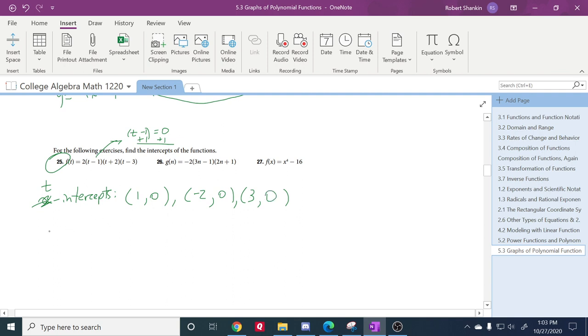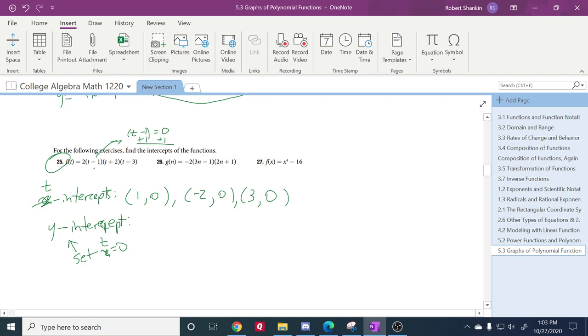And then there's always going to be just one y-intercept. How come there's always just one y-intercept? Because that happens when you set the x equals 0. Not the x, the t in this case.